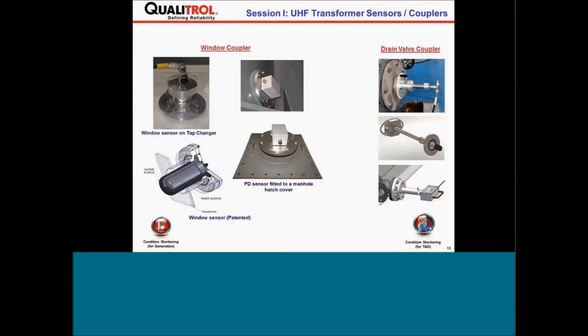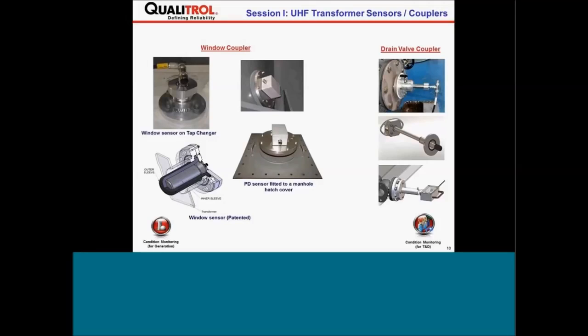So we actually also supply internal couplers directly into the oil, and also window couplers where the same type of coupler is mounted within a window to prevent it falling into the transformer. These sensors can be put on the tank wall, as seen by the top middle picture, or also on hatch covers in retrofit situations where we put, say, couplers in the top hatch covers of the tank.